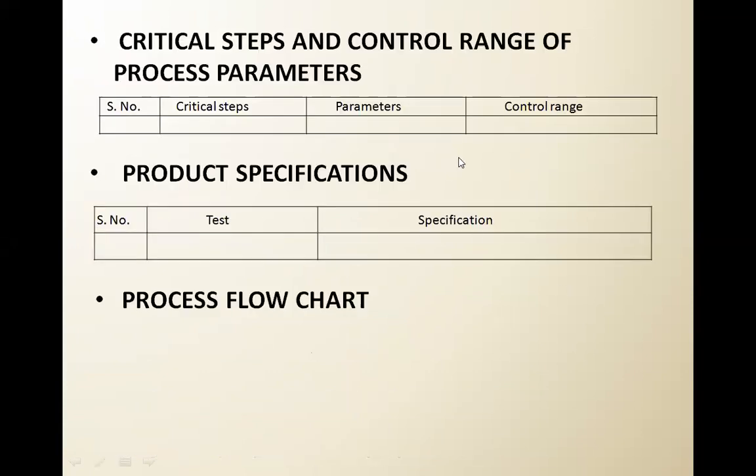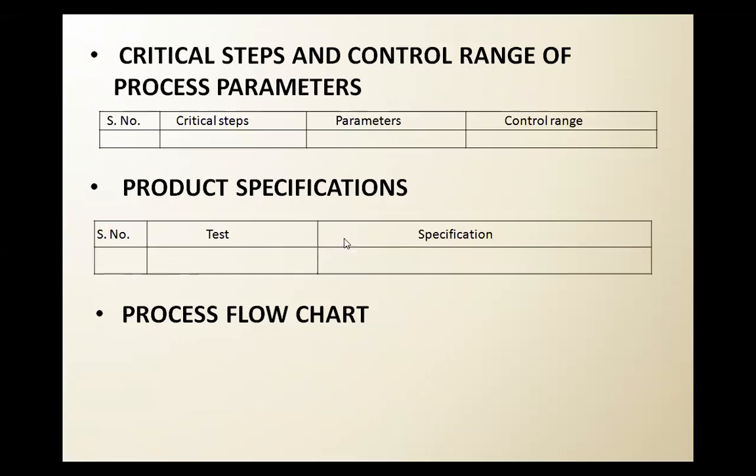Then the next one is the critical steps and control range of process parameters. Here again we will make a chart of critical steps. It may be n numbers, 1, 2, 3, 4. I have just given one column. Critical step 1, parameters are what? Then control range.